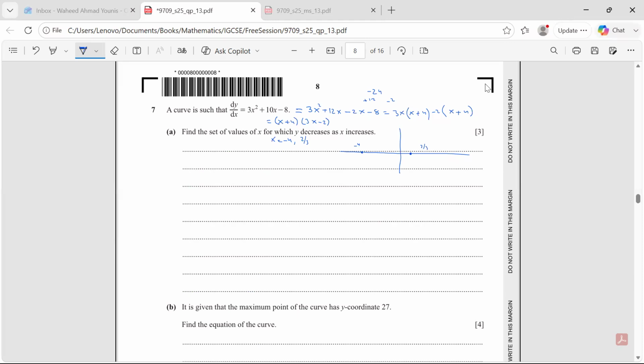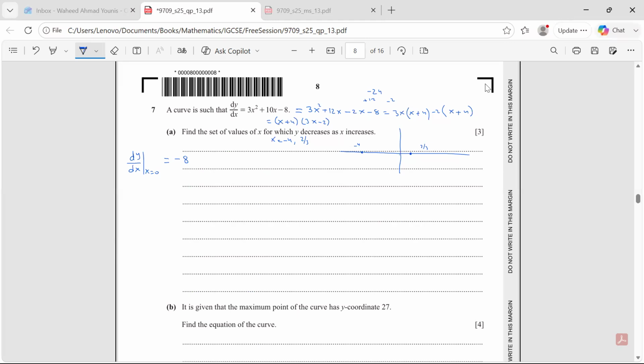So let me find the value of this derivative function at 0. I'm trying to find dy by dx when x is 0. Of course, when x is 0, it is minus 8. So if at 0 it is negative, it will be negative everywhere between this interval.